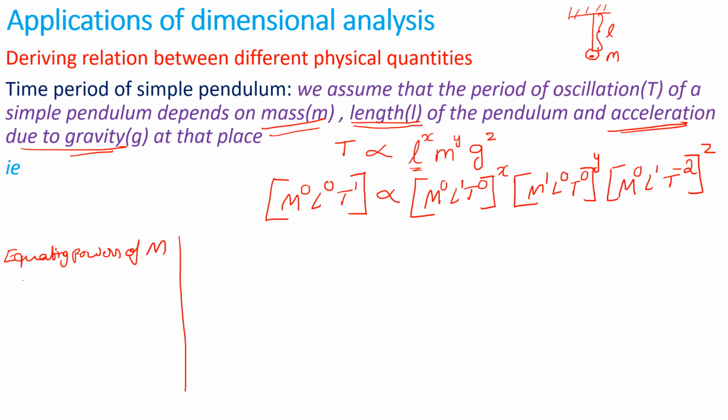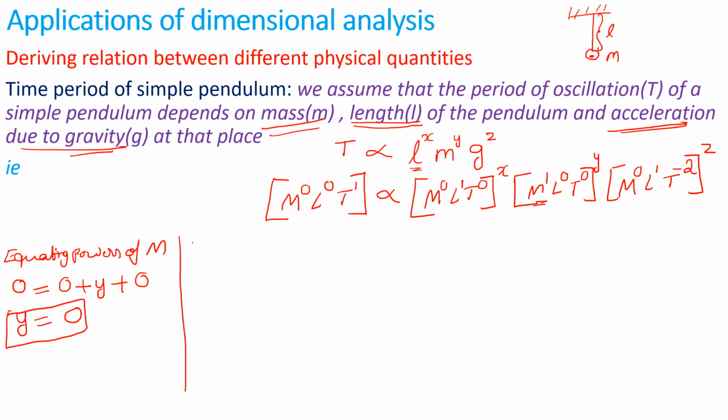It is 0, which is equal to the right hand side: M to the power 0 whole to the power x, it is 0, plus M to the power 1 whole to the power y, that is 1 into y, that is y, plus M to the power 0 whole to the power z, 0 into z, that is 0. So we end up getting what? Y is equal to what? 0. We got the value of y.